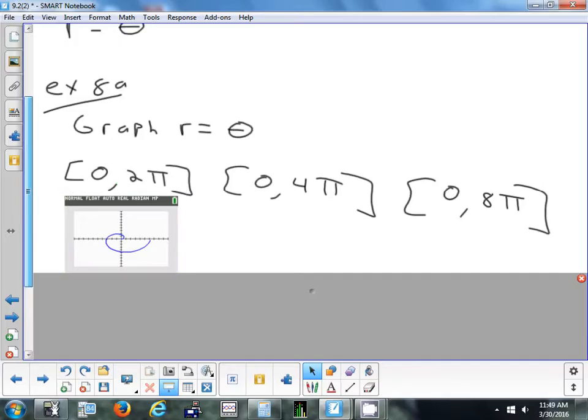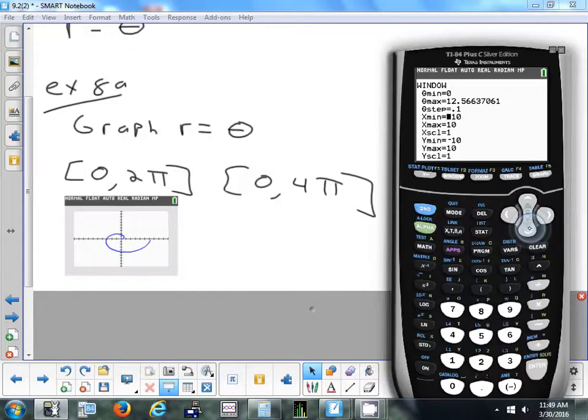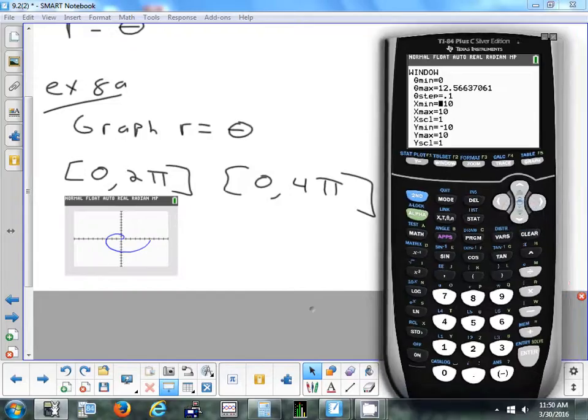All right, let's do it from 0 to 4 pi. What do you think is going to happen there? The spiral's just going to continue. Now, what's the biggest that my radius on my spiral is going to be? It can go all the way out to 4 pi, which is about 4 times 3, about 12. So maybe we should go negative 15 to 15.